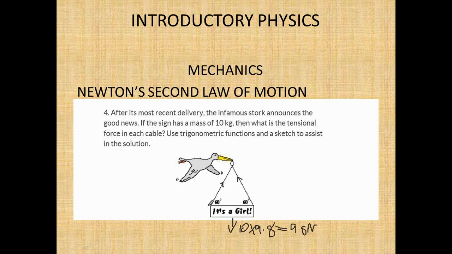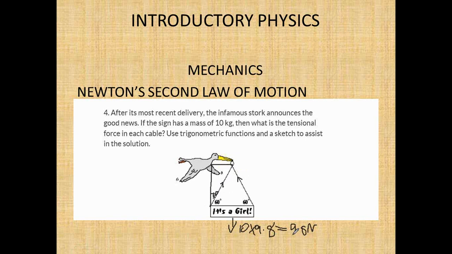If you just use one side, you can resolve this tensional force into its vertical component and its horizontal component. If this is 60 degrees, then this is going to be 30 degrees, right?